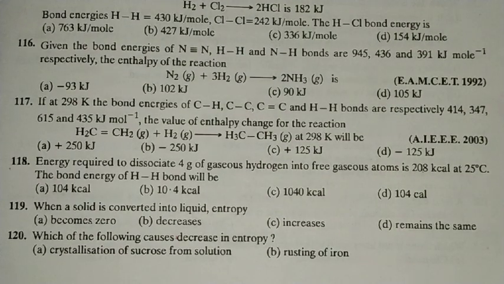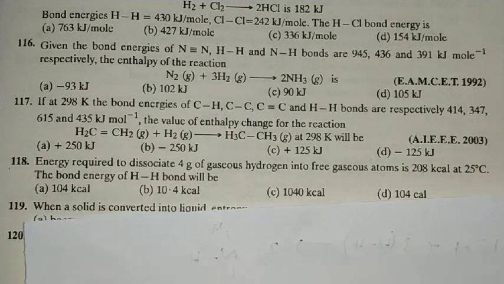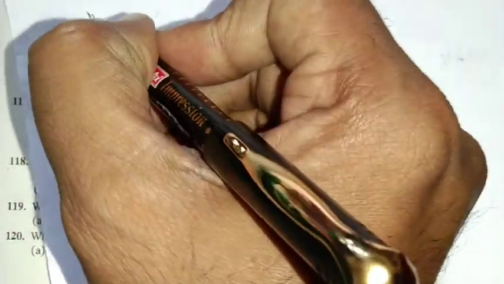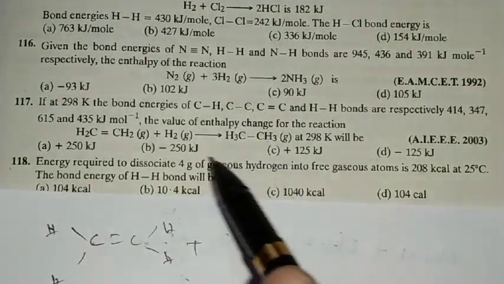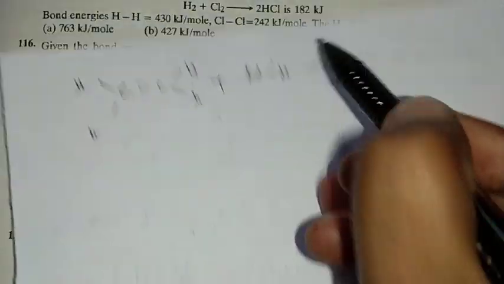If at 298 Kelvin the bond energies of C-H, C-C, C double bond C and H-H bonds respectively are given, what is that? 414 and 347, 615 and 435 kilojoule per mole. The value of enthalpy change for the reaction. Again same model, same procedure. So here what should we take now, as per the reaction: CH2=CH2 plus H2 gives CH3-CH3.